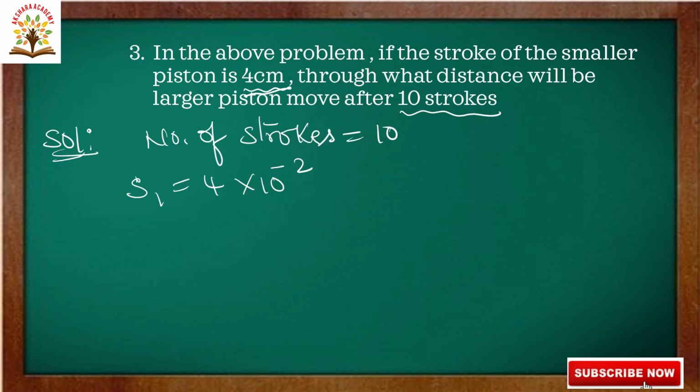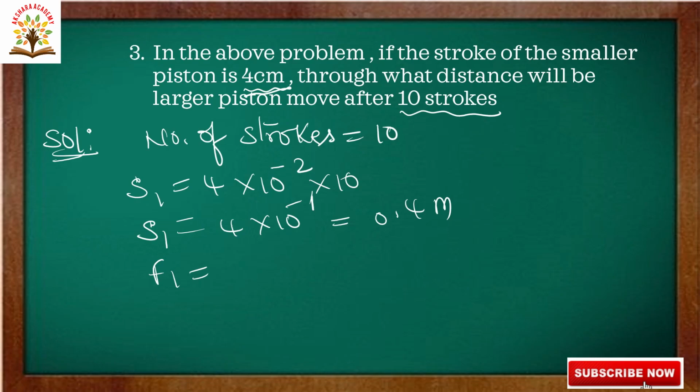That is equal to 4 into 10 to the power of minus 2, minus 2, here 1 minus 1. So that is equal to 0.4 meters. S1 is equal to 0.4 meters, and F1 is 50 kilogram weight.